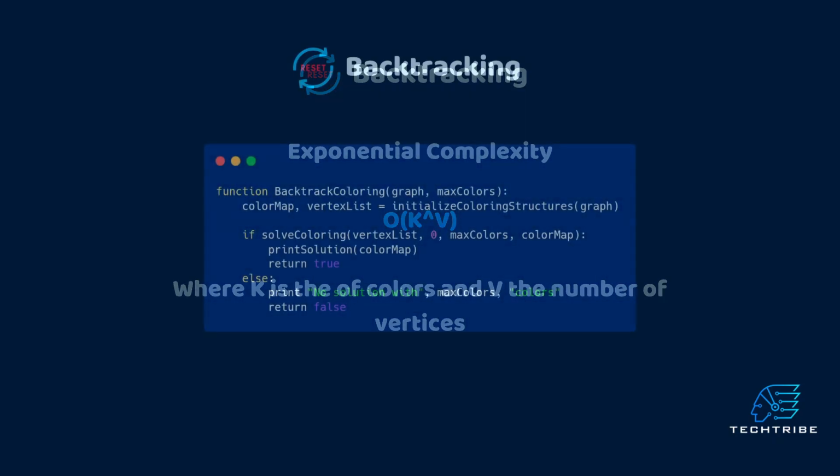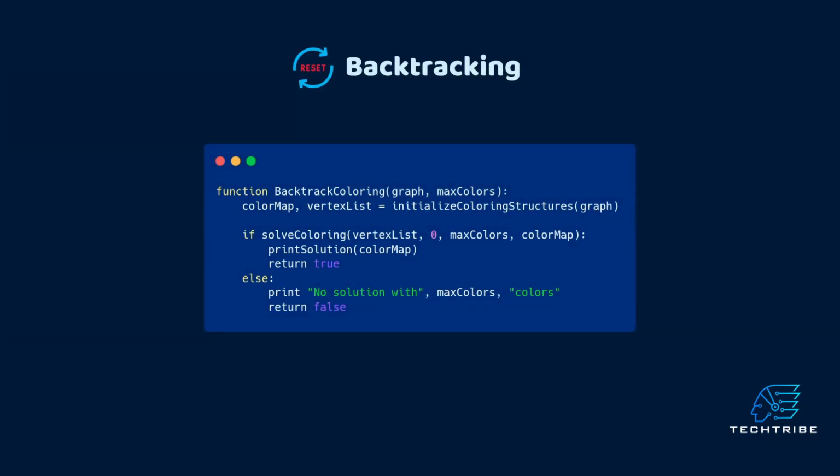And the pseudocode, or in our case, how we implement it, will be like that. We first initialize the color map and the vertex list.